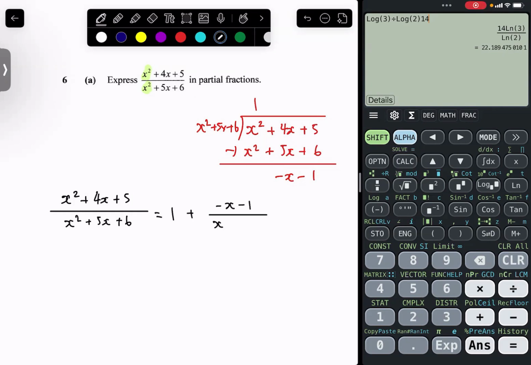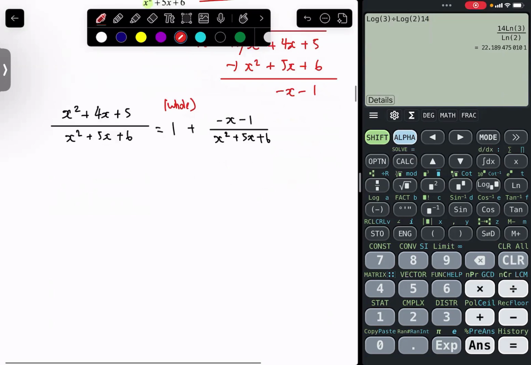So the thing down here is we want to have partial fractions. This is the whole number, and the whole number has nothing to do with the partial fraction. So we only break down the fraction itself.